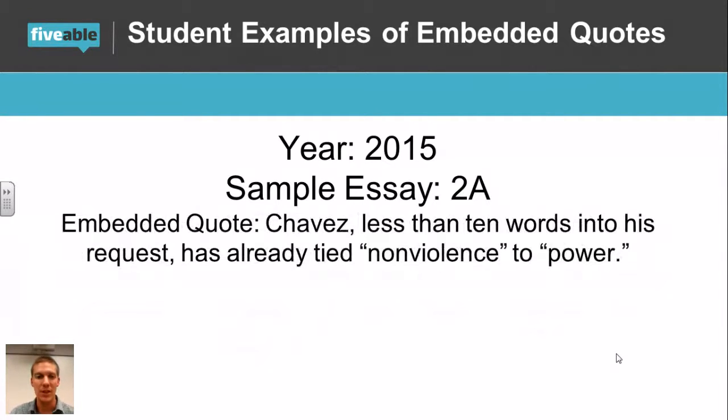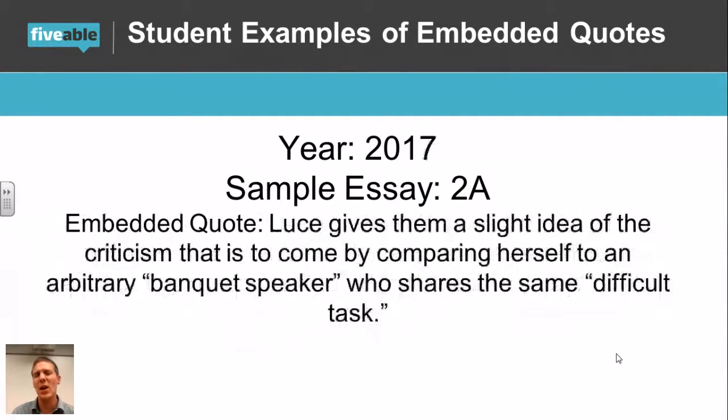Let's do one more. Let's actually go to this one. Does this sound like the student writer or Luce? Luce gives them a slight idea of the criticism that is to come by comparing herself to an arbitrary banquet speaker who shares the same difficult task. That is clearly the student writer who's in charge. Again, if you just hear me say that, the lines are blurred. You don't know when I'm quoting versus when I'm not.